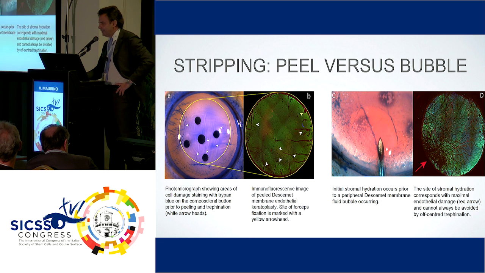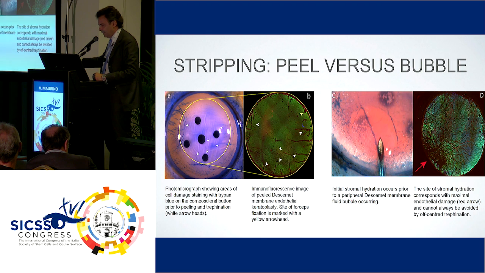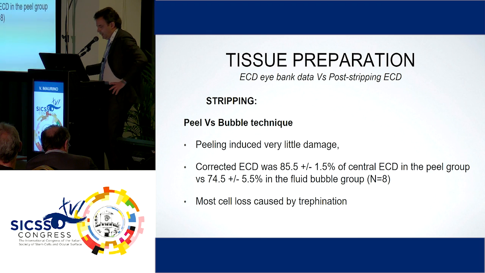During a short study on animals, we've seen that stripping seems to have the best possible results compared to the bubble technique, because especially when the air is injected, we see a considerable loss of cells, whereas peeling implies considerable cell loss during the membrane stripping.